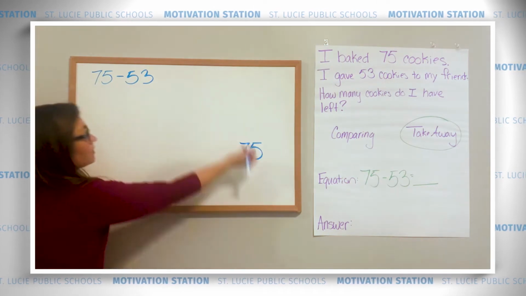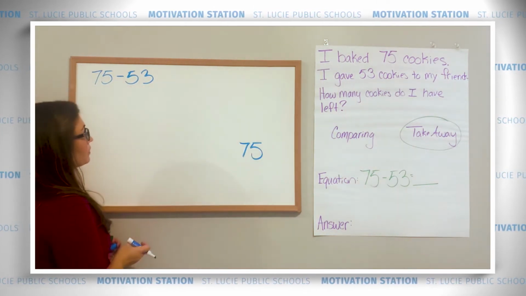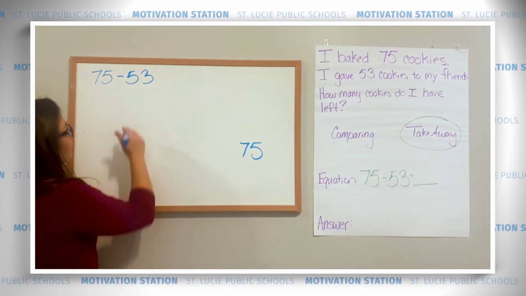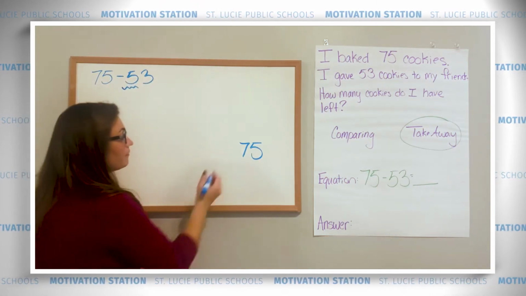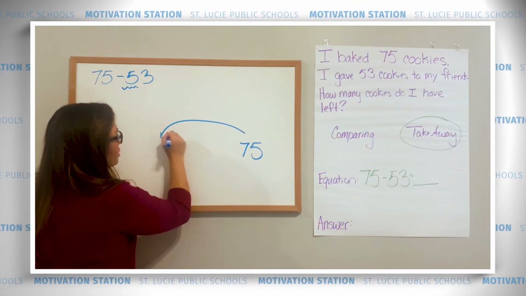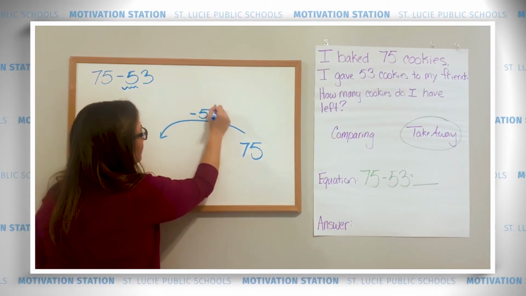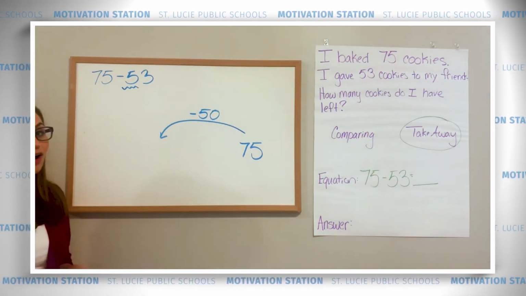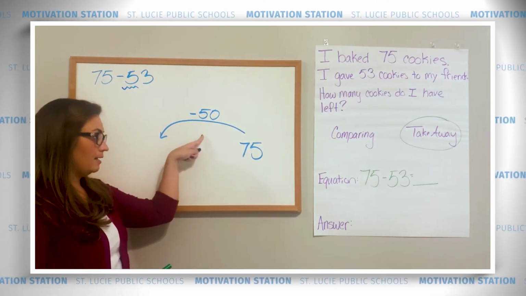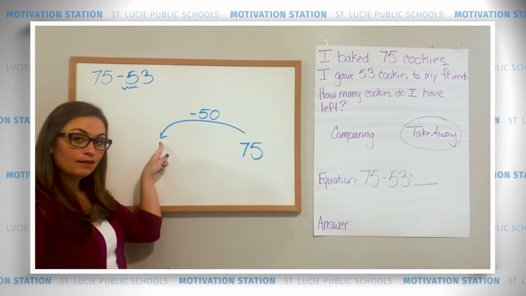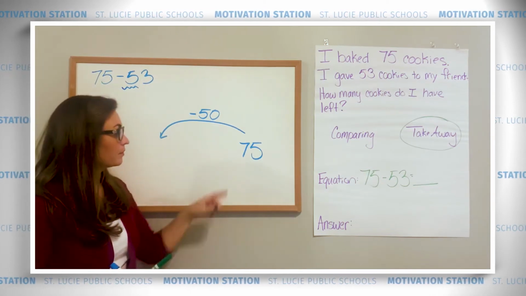I'm putting it over here because I know I'm subtracting, so my arrows are going to go this way. Now, I'm subtracting 53. I can subtract my 50 first with a big jump of minus 50. I could also do little jumps of minus 10, minus 10, minus 10, minus 10, minus 10. Or I could do one big jump.